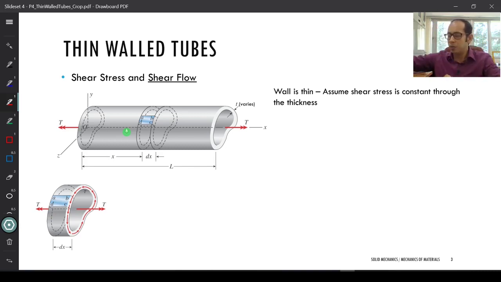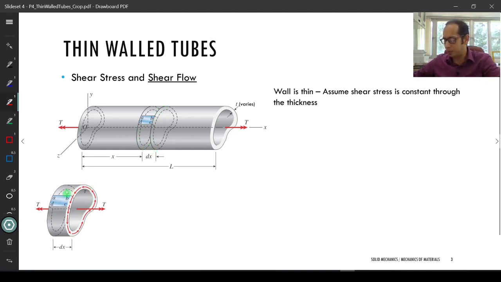Okay? Now in this thin walled tube, suppose you take, somewhere from the left end to the right end, a small element of thickness dx and you are isolating this element, that is A, B, C, D, and you are taking out this entire cross-sectional segment.